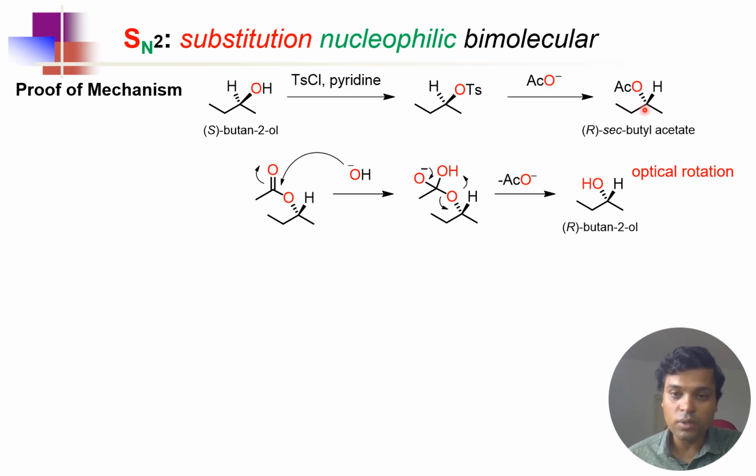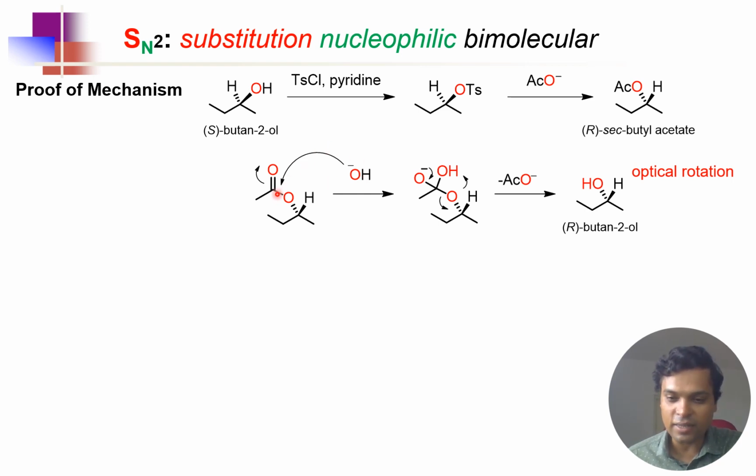Now what you can do is that you hydrolyze the acetate group in presence of sodium hydroxide. You treat with mild sodium hydroxide, because if you use strong sodium hydroxide, again you can perform the SN2 at this particular carbon. So you should use a very mild or dilute solution of sodium hydroxide.